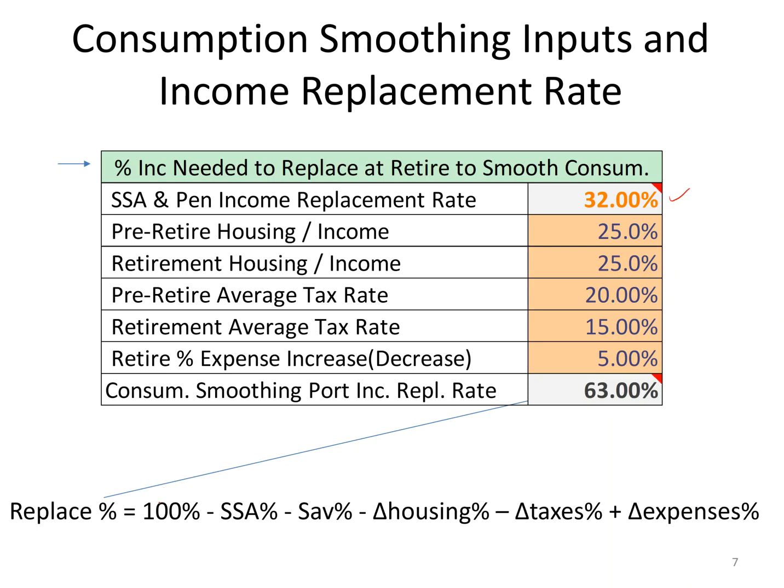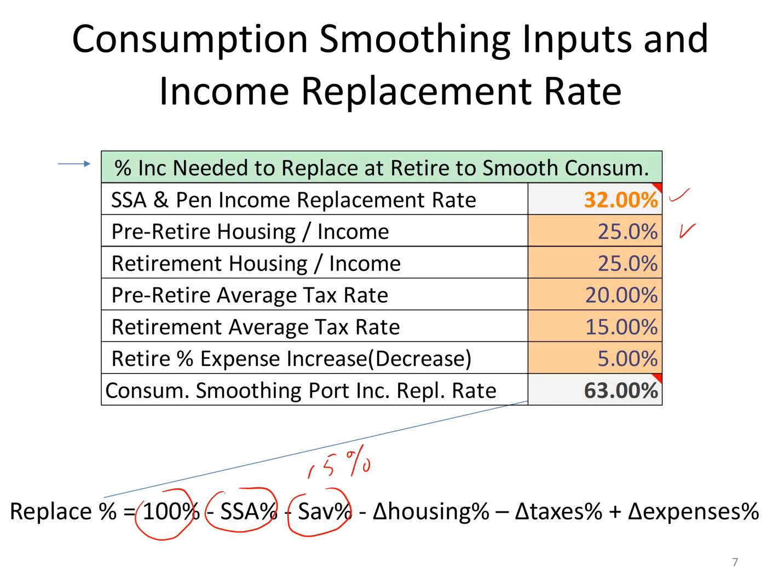So, if I start off with 100% and I subtract off any Social Security as a percentage of my last year's income, I only have to replace that amount to smooth my non-housing consumption. Another one is savings. It's not listed here because savings is in the model somewhere else. However, if I've been saving, say 15% of my income every year, I've been living on 85% of my income all my life.